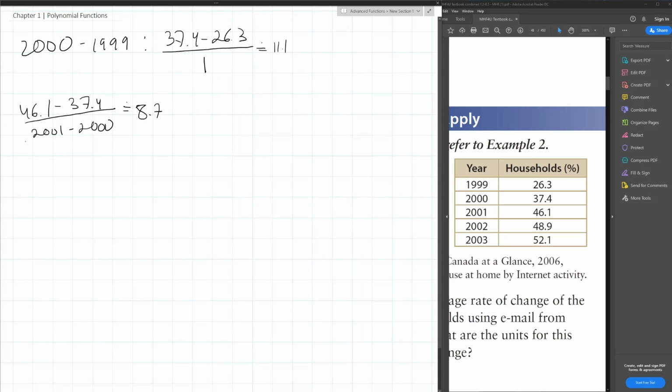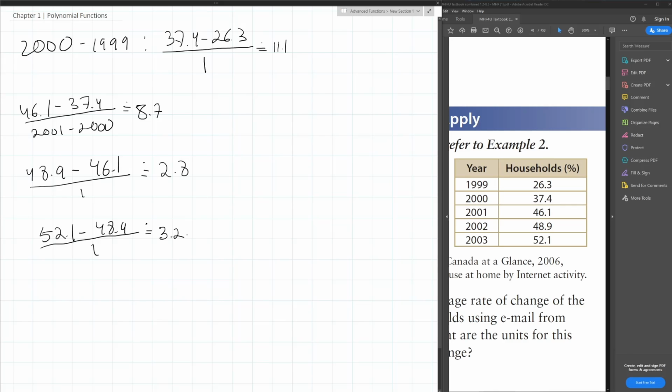Next year we have 48.9 minus 46.1, again over 1, because each year we just differ by 1, it's approximately 2.8. Interesting. And then we have our last one, which is 52.1 minus 48.9 all over 1, which is approximately 3.2.